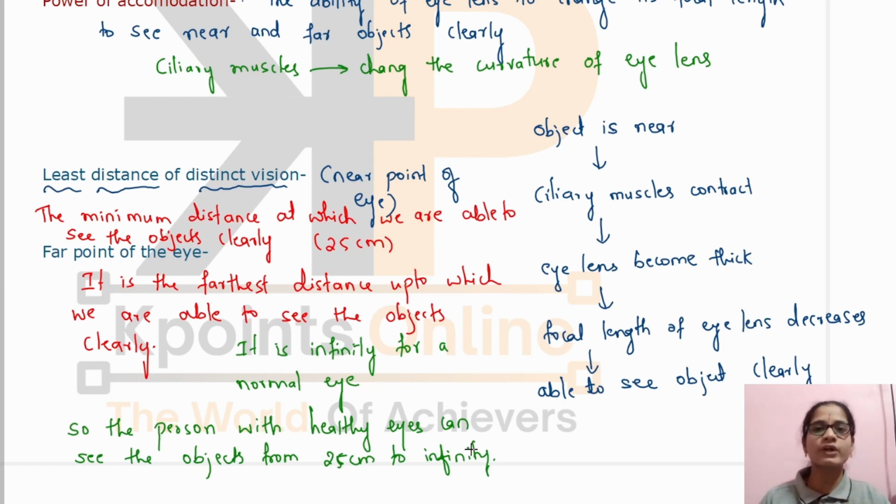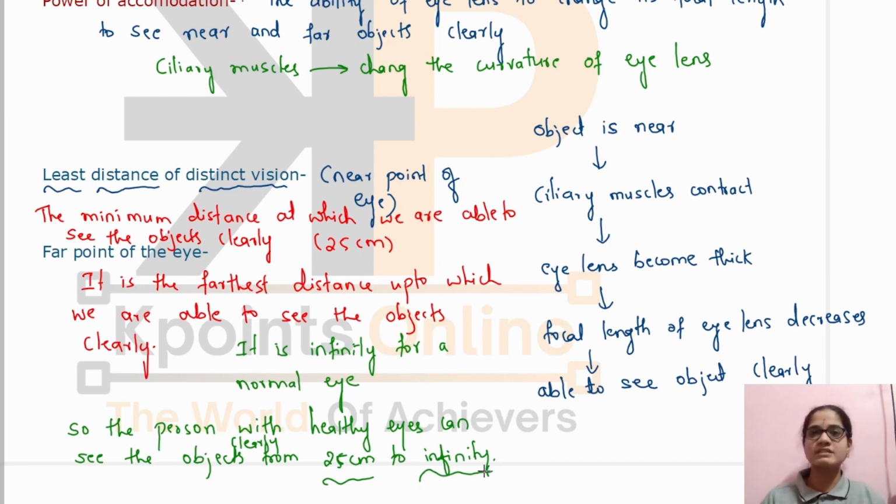So the farthest point up to which the objects can be seen clearly is called the far point of the eye. And a person with healthy eyes can see the objects clearly from a distance of 25 centimeter to infinity.